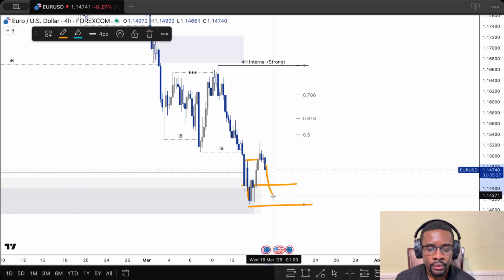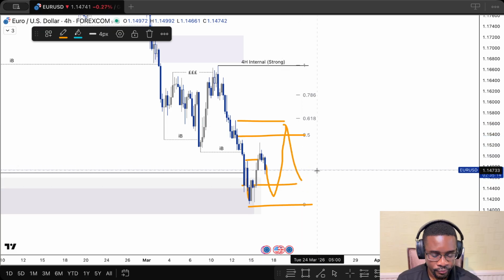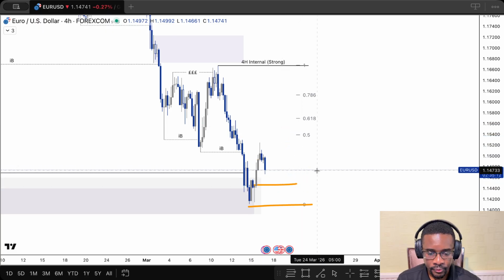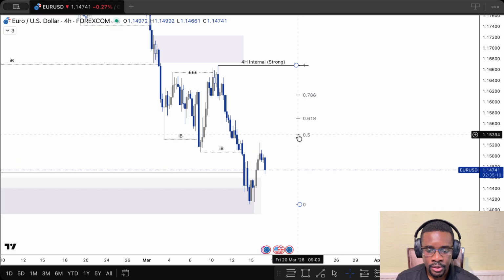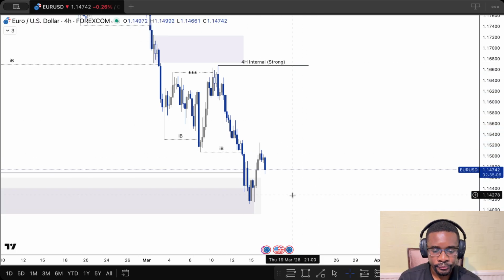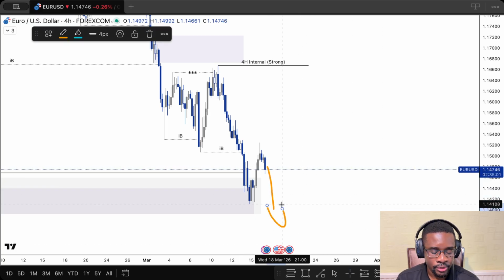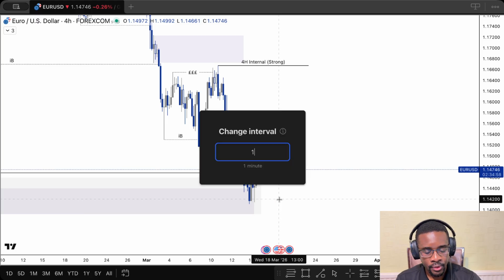So price could come into this area, and then we continue until we mitigate at least premium, and then after mitigating premium, then we can expect price to continue bearish. So that's one way of looking at it as of now. It is possible as well that price could just continue to drop and then just go.